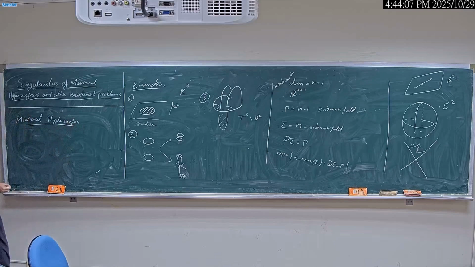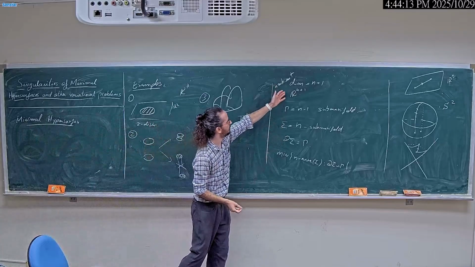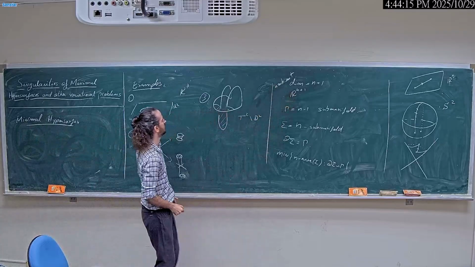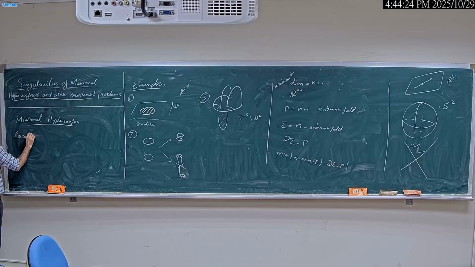A hypersurface is a codimension 1 submanifold. So it's really like this. The ambient space could be R^(n+1), but it could be a manifold as well. So a minimal hypersurface, similar to a geodesic, locally minimizes area, so it solves the Plateau problem.